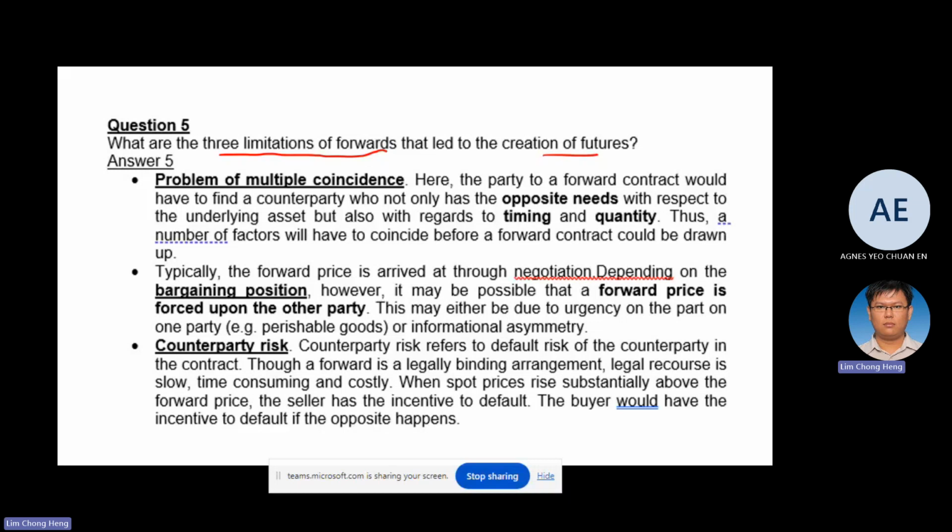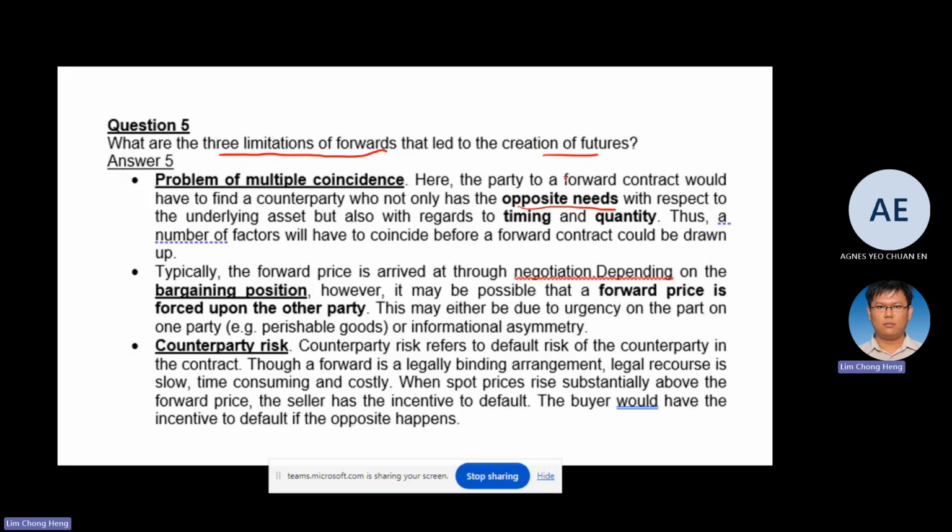It is very hard to find a counterparty that has a similar need to you, because this contract is OTC, an over-the-counter contract. Remember what OTC means? All the transactions are over the counter, just like when you go to the bank and do a transaction, everything is on the counter. So it is very hard to find the opposite party that has a similar need.